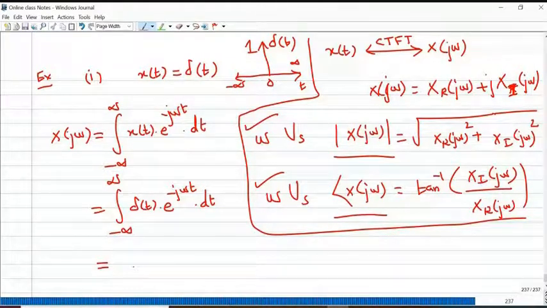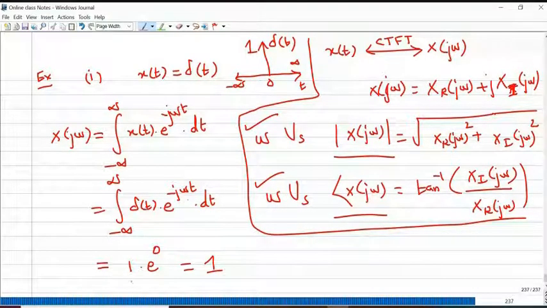So in the rest of the terms, wherever small t is there, all the t's are replaced by 0 values. So del of t becomes 1 at t equal to 0.